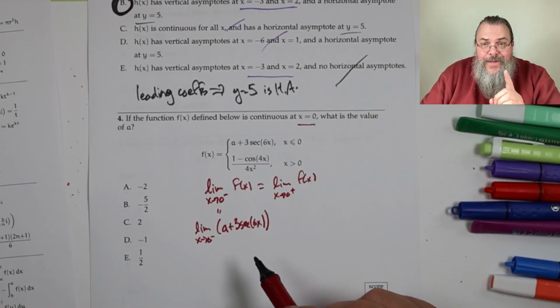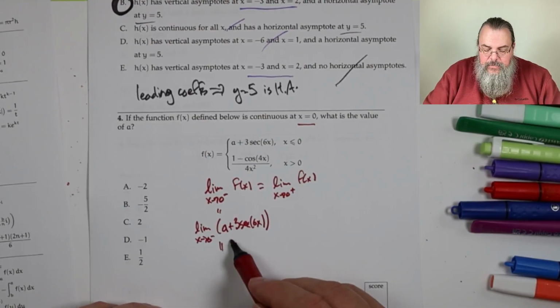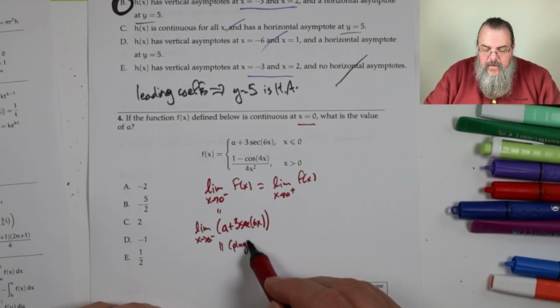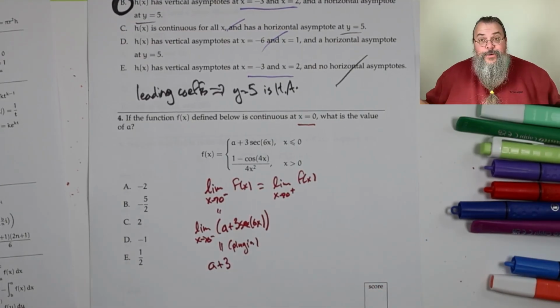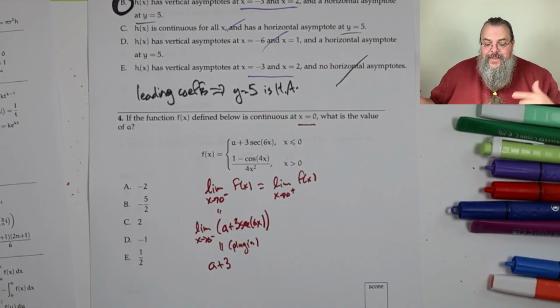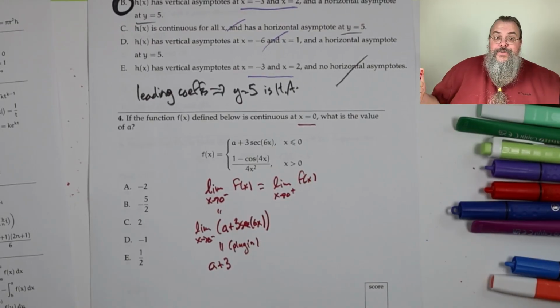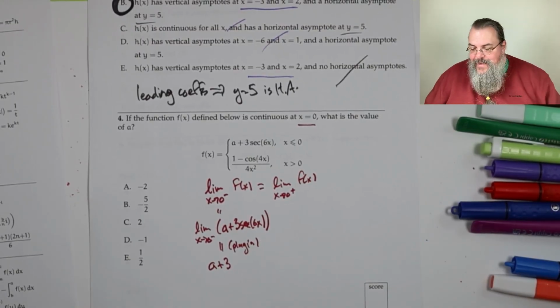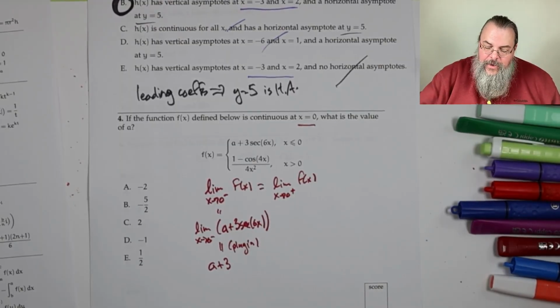Secant of 0 is 1. So we plug in and we get a plus 3. So a plus 3 has to equal something. Now, what's that something?